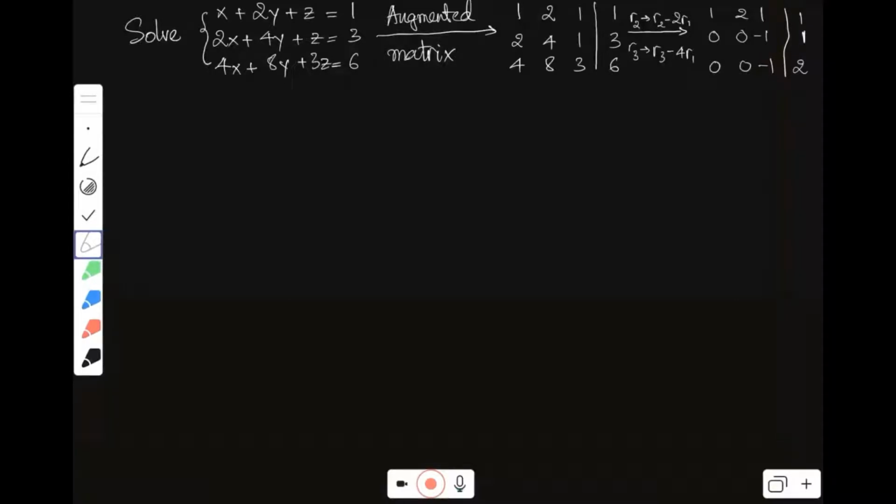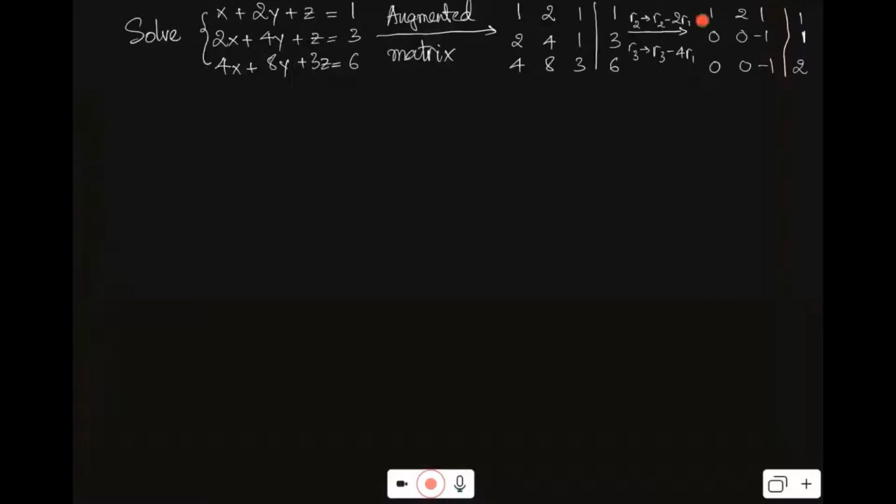So let's look at what we already had here. We have the first non-zero entry on the first row, and all the entries below it are 0. So when you go down to the second row, the first non-zero entry is this one, and you will want all the entries below it to be 0.